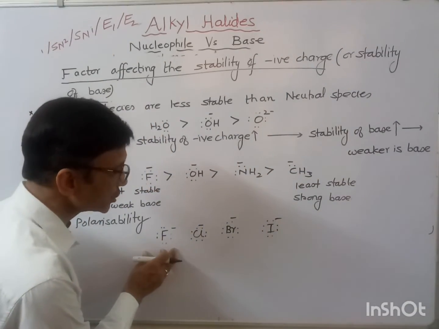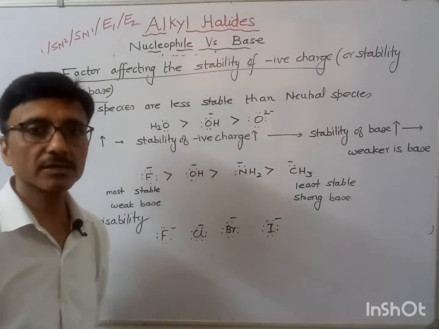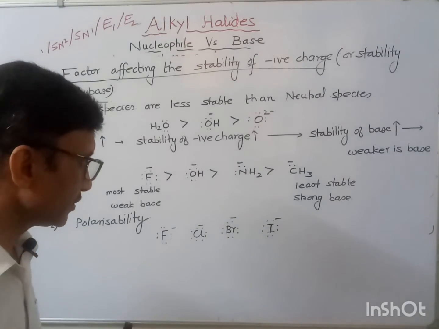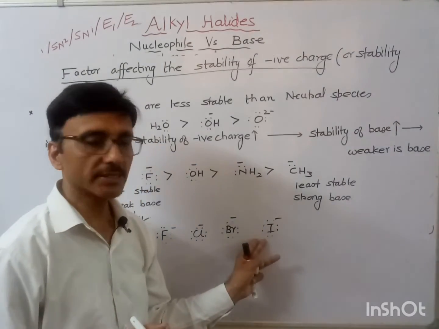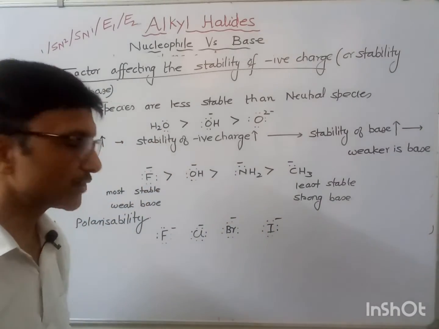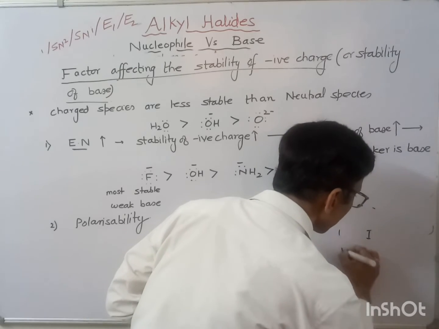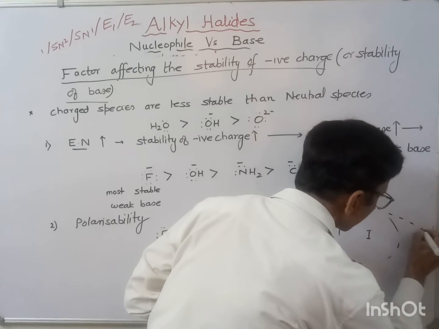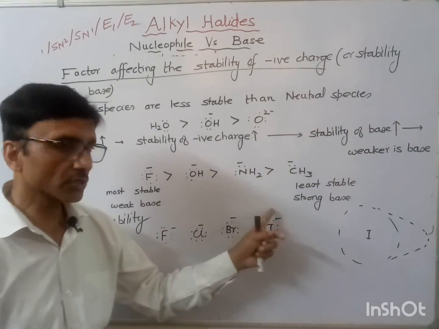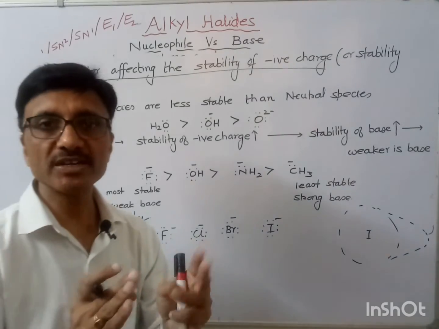From top to bottom in the periodic table, size increases, and if size increases, the polarizability of the ion increases. Larger size means more distortion of the electron cloud, which means the charge is much more dispersed.